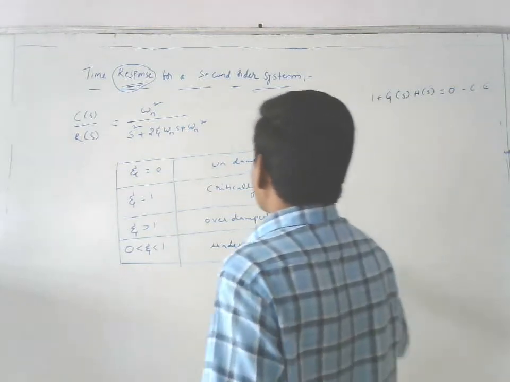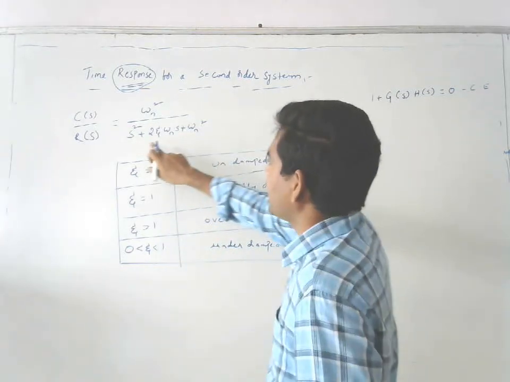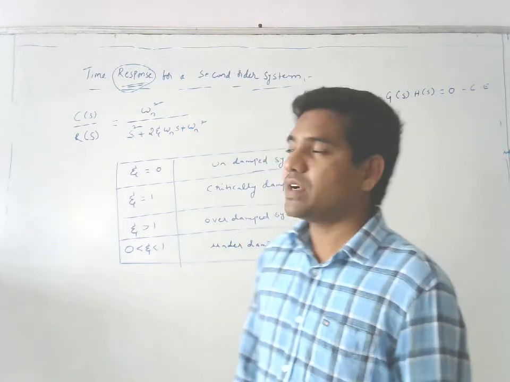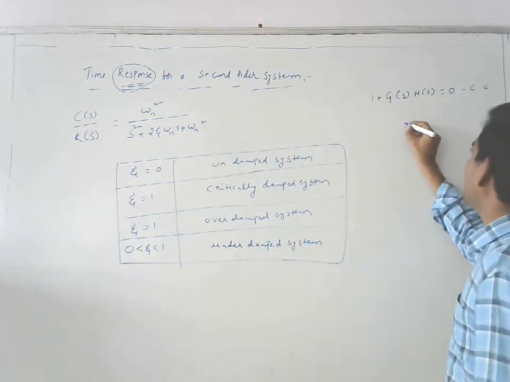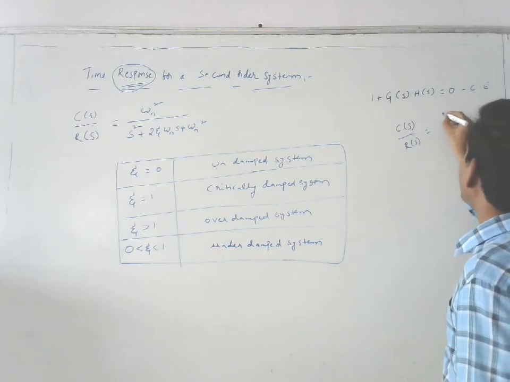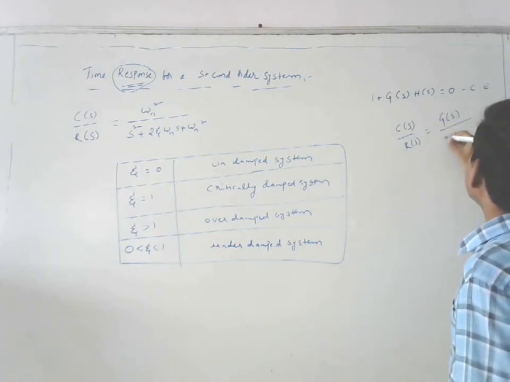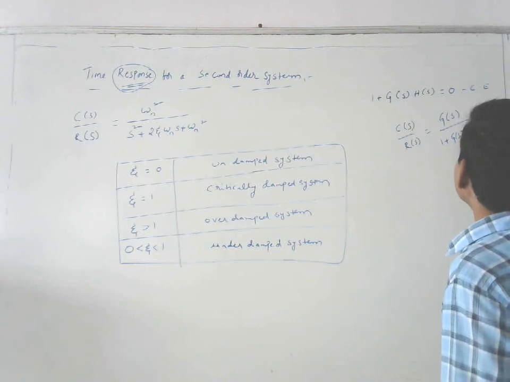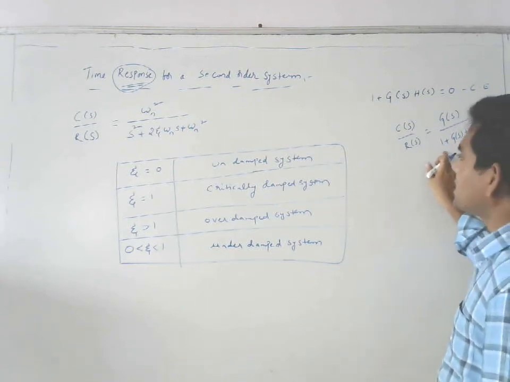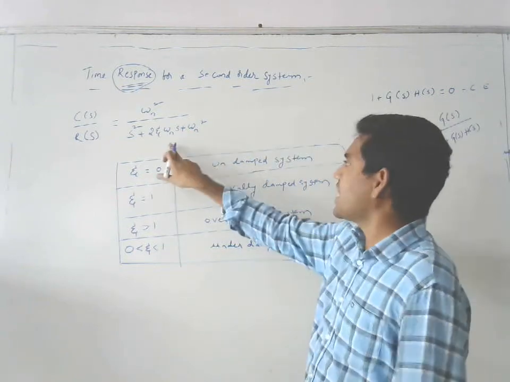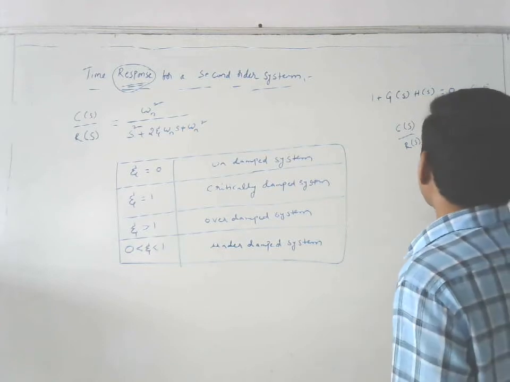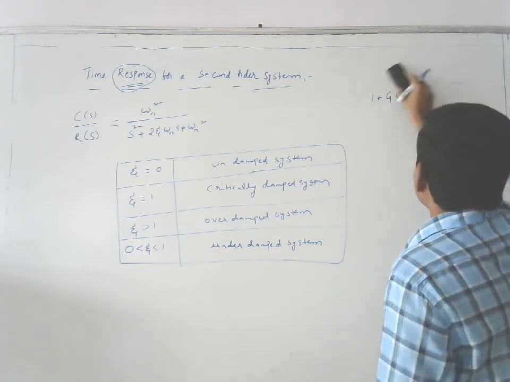Here, for a negative feedback system, in the denominator we have G of s by R of s equal to G of s divided by 1 plus G of s into H of s. That means in the place of 1 plus G of s into H of s, we have s square plus 2 zeta omega n s plus omega n square. That is the characteristic equation.